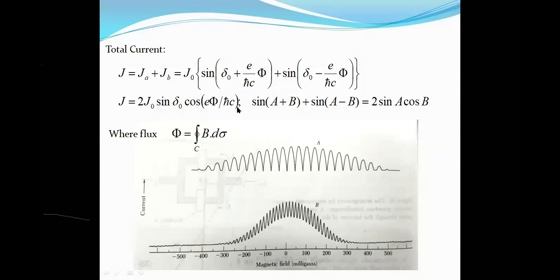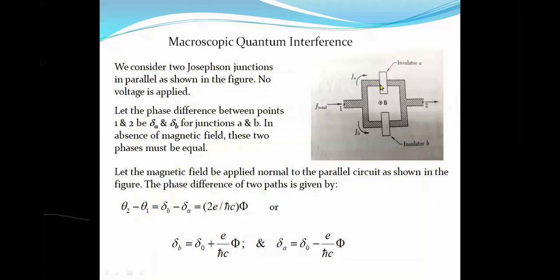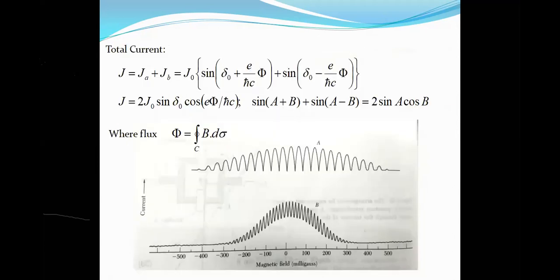So basically here it is shown that initially there is no magnetic field here, if you apply a magnetic field and keep on changing this magnetic field, what you have is this kind of interference. And from this interference term, the maxima, minima, maxima, minima, maxima, minima, you can get back this magnetic field.